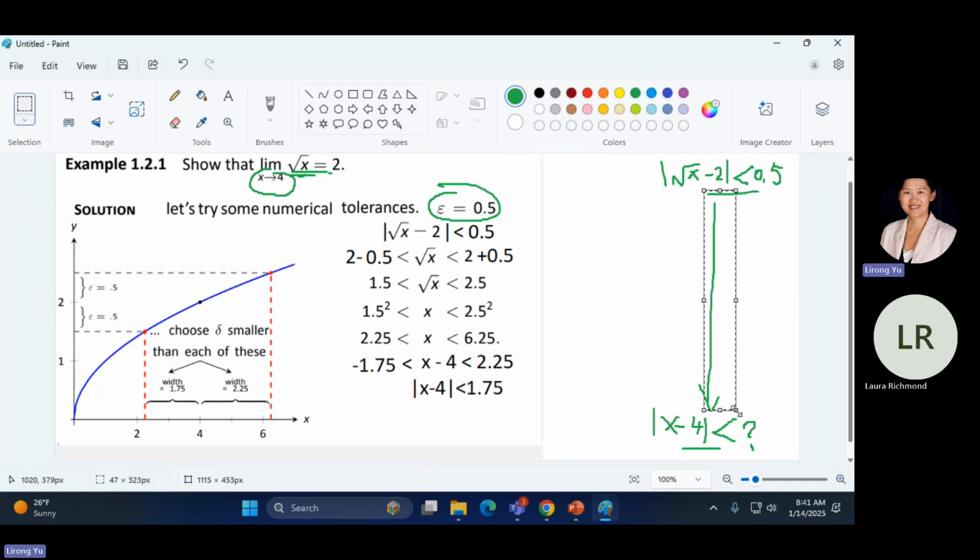I hope that's similar to what you learned in algebra. So number 1, you see the absolute value of root x minus 2 is less than 0.5. Number 1 is unwrapping the absolute value sign. Essentially, we're removing the absolute value sign, removing the minus 2, and removing the root of x to get x by itself. Once x is by itself, then we subtract 4, and we're getting close to the final goal.